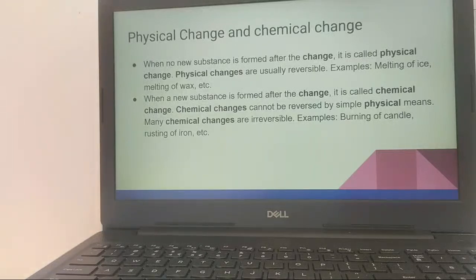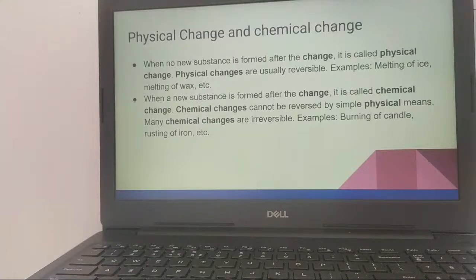But when we study in detail about the candle, you can understand that. Right now, you just need to understand that melting of wax means the candle wax is changing from solid state to liquid state.